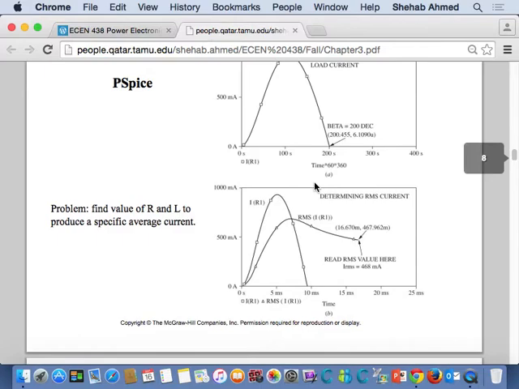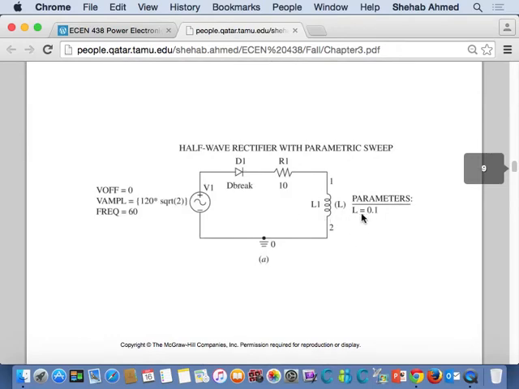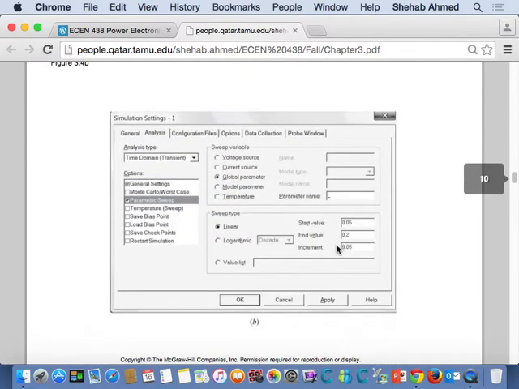Have you tried sweeping parameter values with PSpice? For example, you have different values of L. Here they started with 0.1, and went up to something. You can do the parametric sweep and sweep the values of R and L until you satisfy the value of average current they're asking for. This is just an exercise, right?